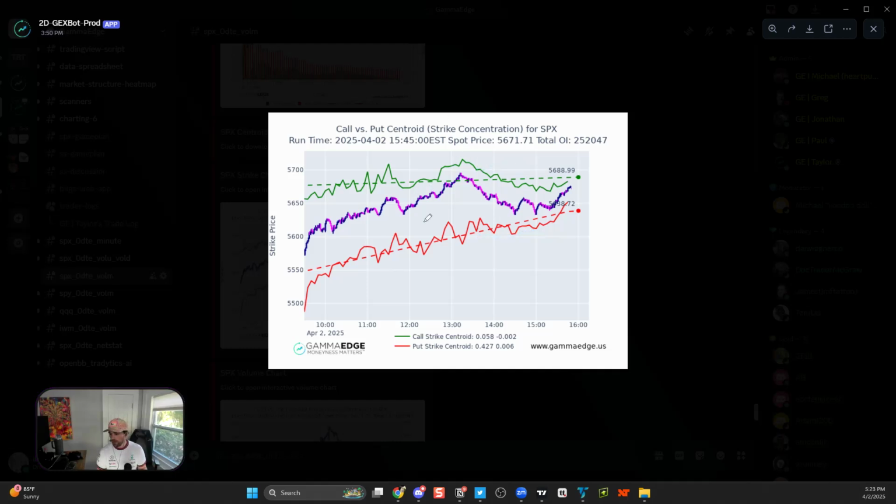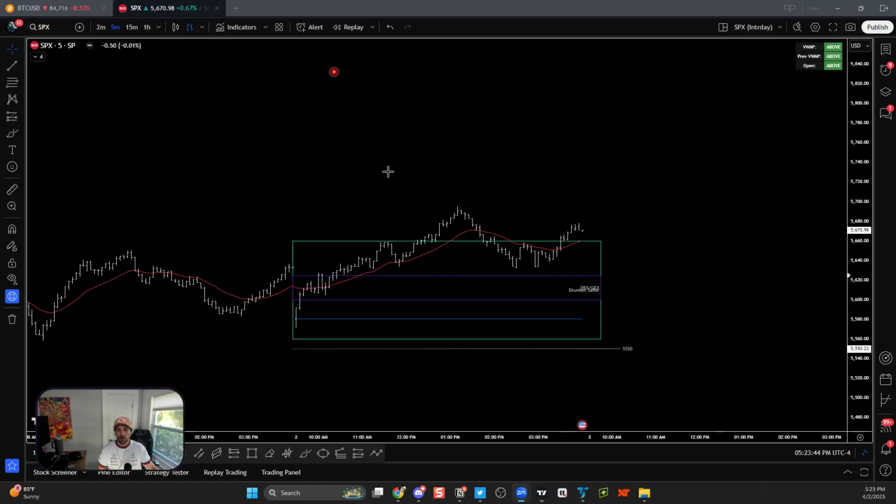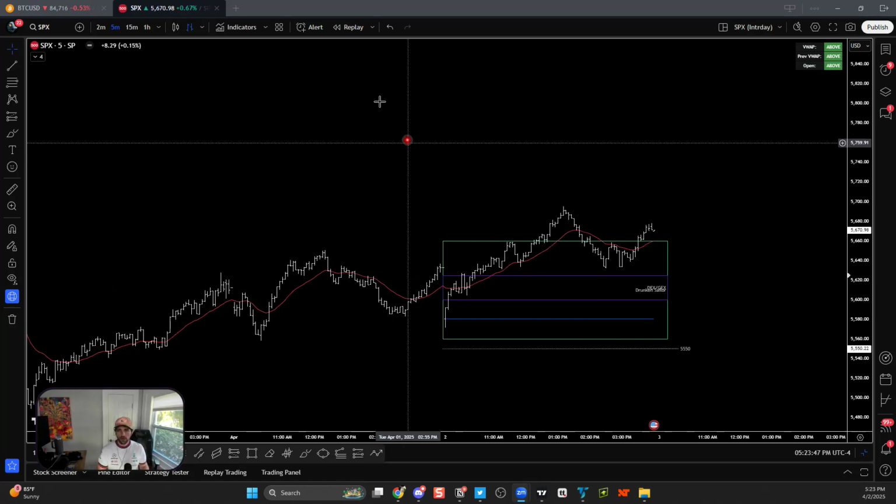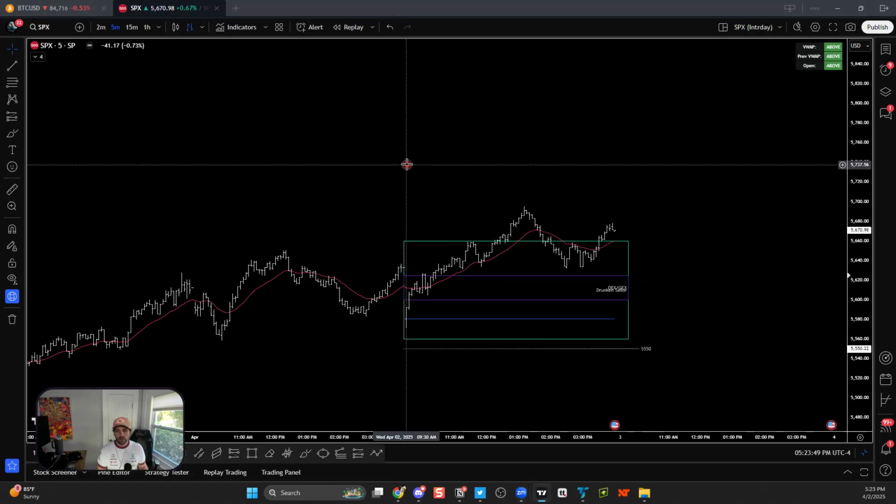Or, going back to a credit seller with a signature like this one, we were getting up moves all day, so selling below the centroids, selling put credit spreads, tended to make sense as well. Obviously, you didn't want to do it right when we were at 5,700, because there is the reverse of a reversal there. So hopefully that makes sense on how we use intraday volume in the context of trading SPX and intraday price moves.